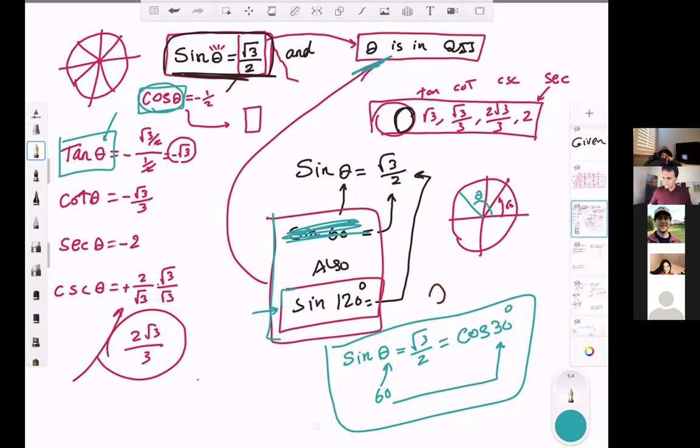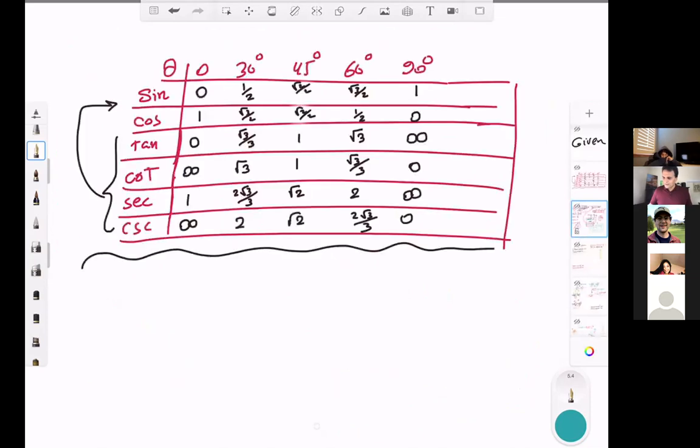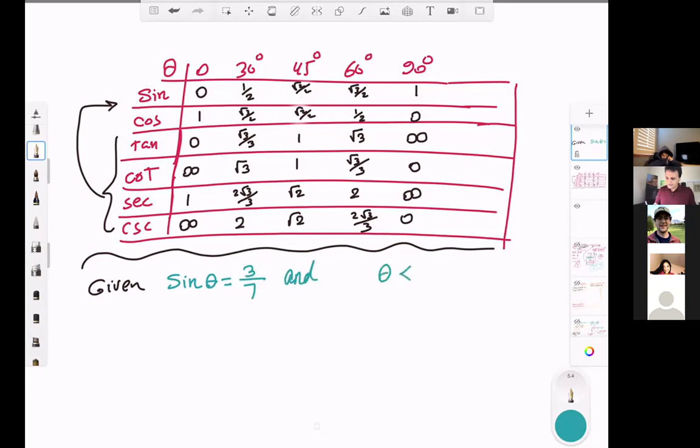Let's have another example like this one. Given sine of theta equal to 3/7, and theta is in quadrant 2. Good.